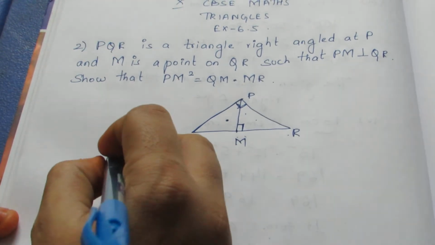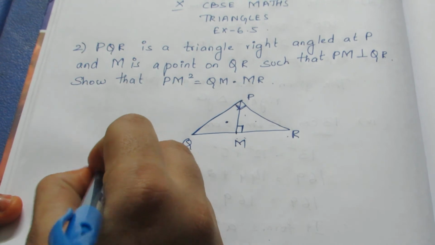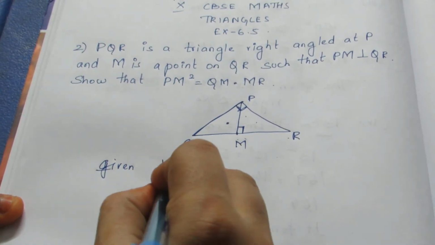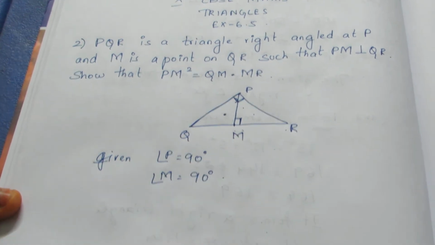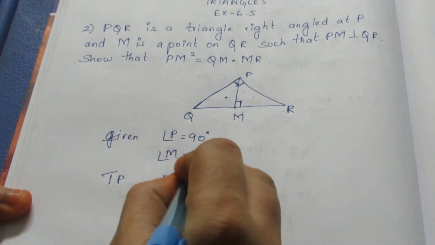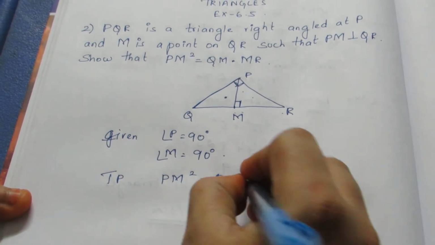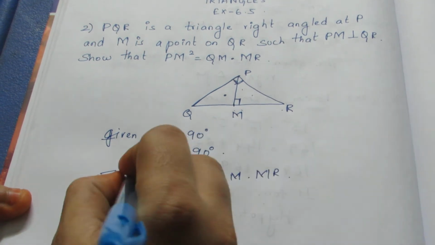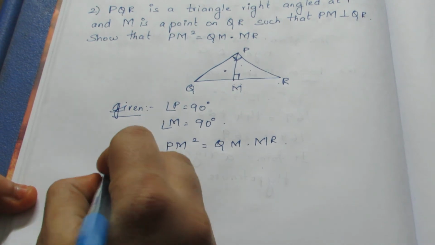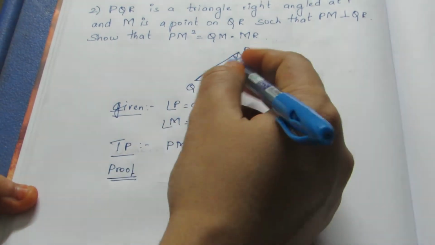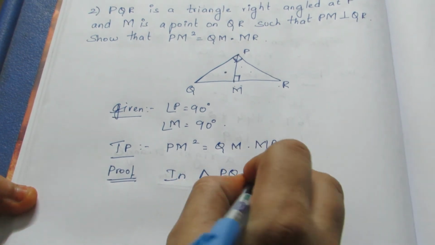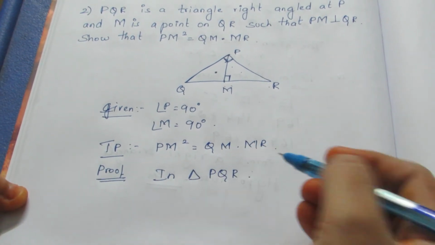So taking triangles, given angle P equal to 90 degree, angle M is equal to 90 degree. To prove is PM square is equal to QM into MR. Now for the proof, let me take one smaller triangle and the bigger one, that is triangle PQR, and for the smaller triangle the angle M should be equal.